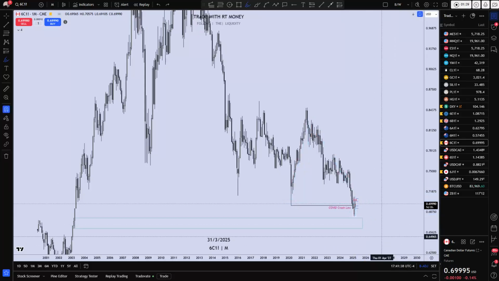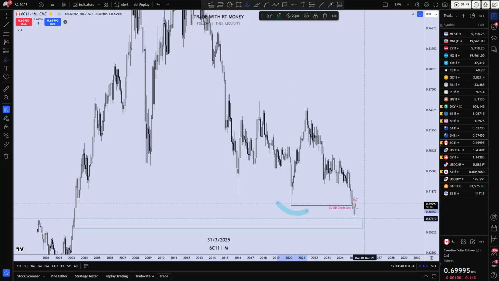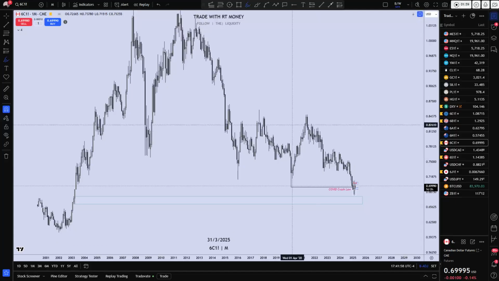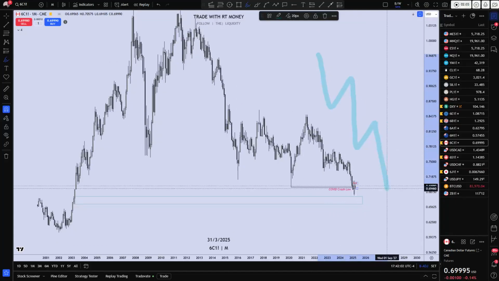After you take a low, you sweep the liquidity pool down there, the sell side liquidity. You're looking for a pullback from an exterior point of liquidity to an interior point of liquidity, and then back to an exterior. Which makes the lower low, lower high, lower low, lower high, lower low.